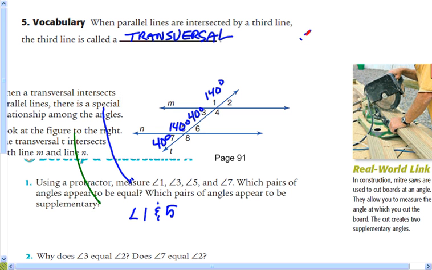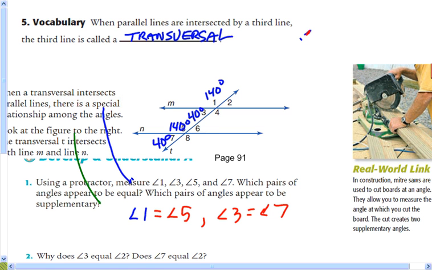And also angle 3 and angle 7. Let's write it this way. Angle 1 equals angle 5. Angle 3 equals angle 7.